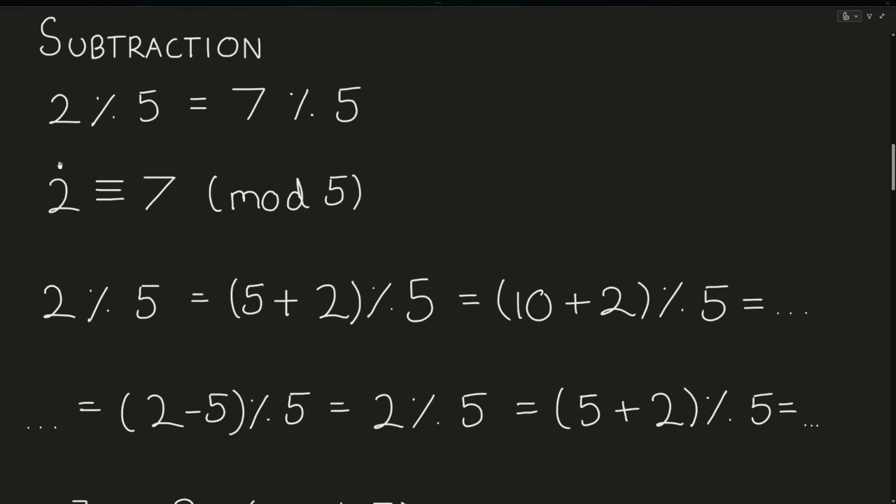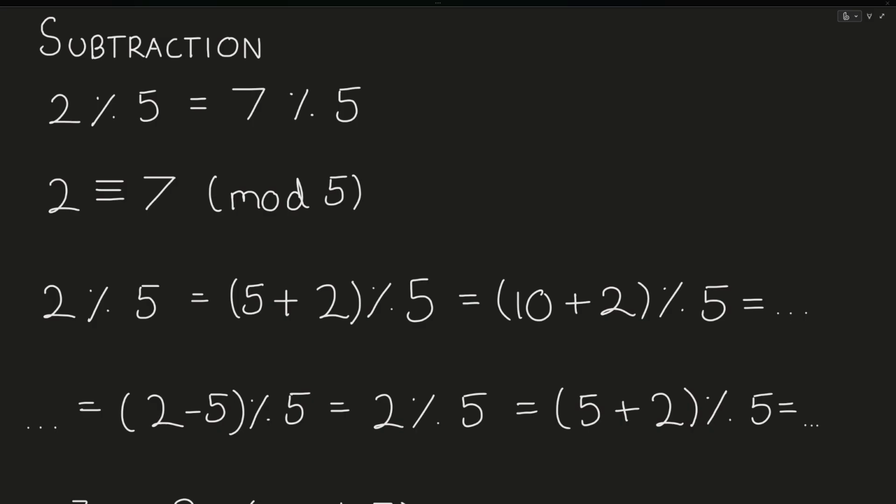Coming to subtraction, you can see that I've written 2 mod 5 is equal to 7 mod 5. This is because when 2 is divided by 5, we get 2 as a remainder, and similarly when we divide 7 by 5, we get 2 as a remainder here as well.